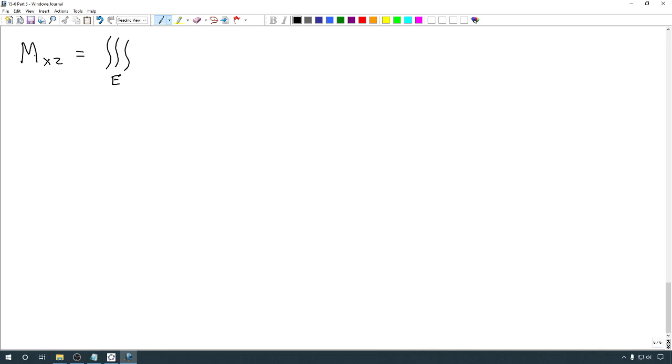So here, mxz is y times our density integrated. Of course, we're going to set this up the same way. Remember, our density is 3, so I'm going to pull out that 3. Our thetas are still going from 0 to 2 pi. R's are still going from 0 to 1. Z's are still going from 0 to 1 minus r squared. This time we're integrating y, but y is r sine theta.